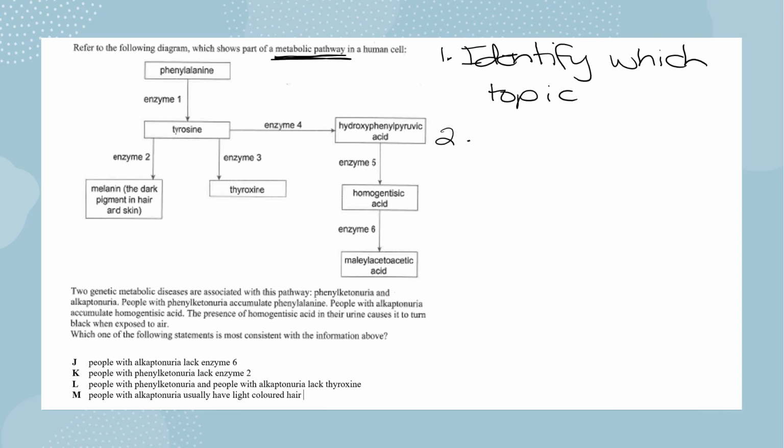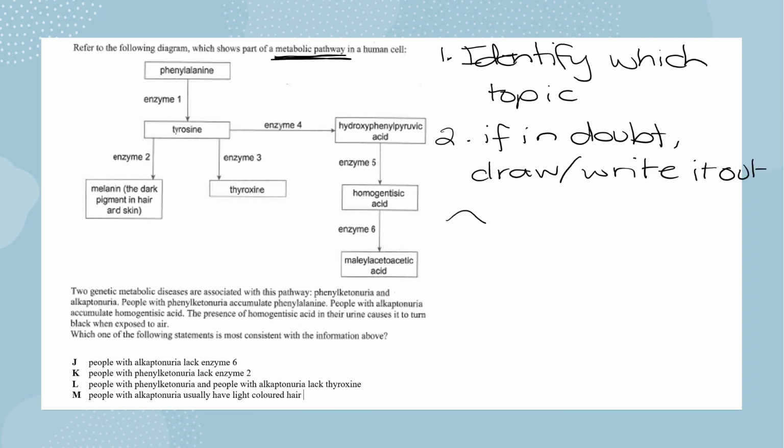They're going to try and stress you out by using big words that you haven't heard before. So to help you summarize key information, something that I find really useful is, if in doubt, either draw, especially if it's asking you about a process, or write it out. Okay, so that is exactly what we are going to do right now.